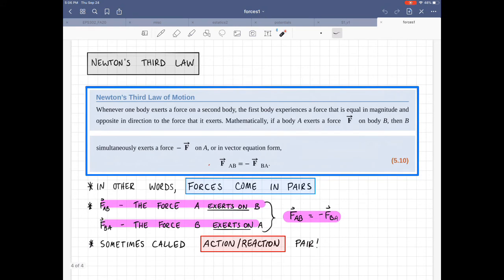And so this brings us to our third of Newton's laws, and this law also has a lot of different ways to be expressed, or you may have seen it.